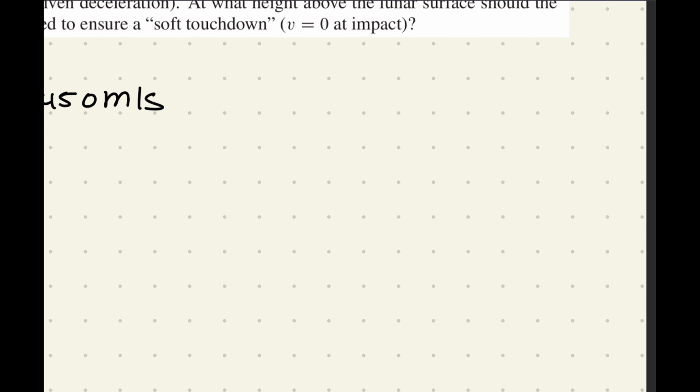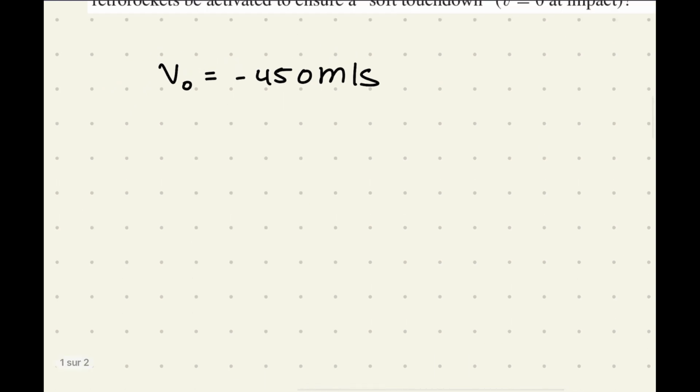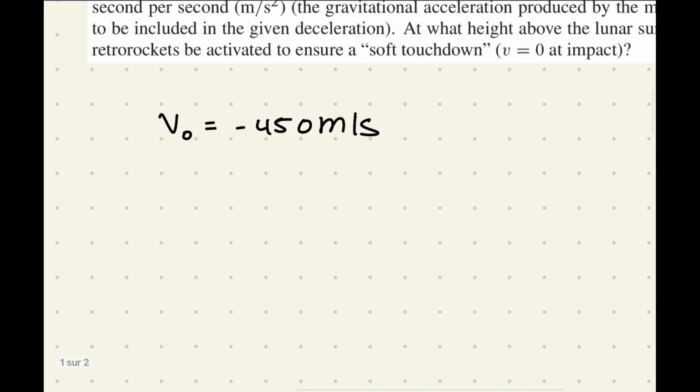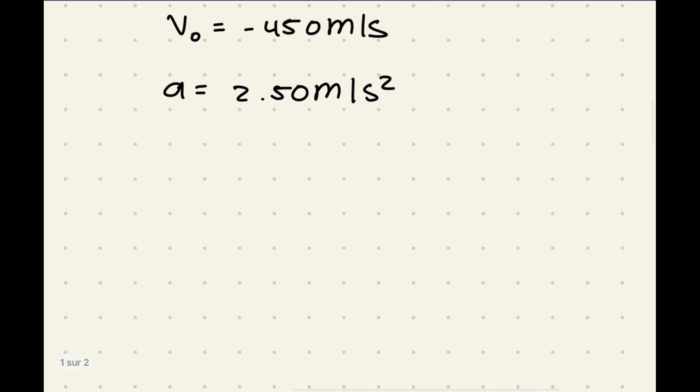But velocity in and of itself is always positive because it's always magnitude. So we have a 450 meters per second velocity and an acceleration of 2.50 meters per second squared. And we want our final velocity, which we will call Vf, to equal 0.